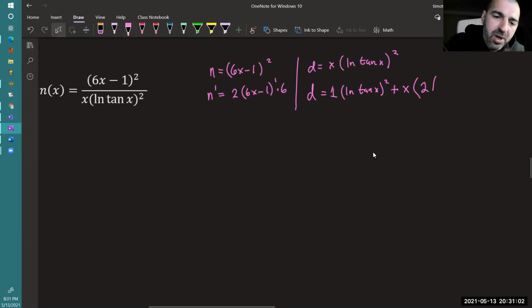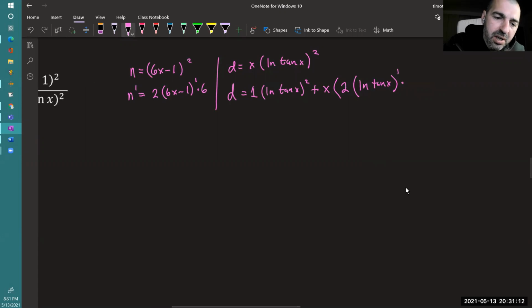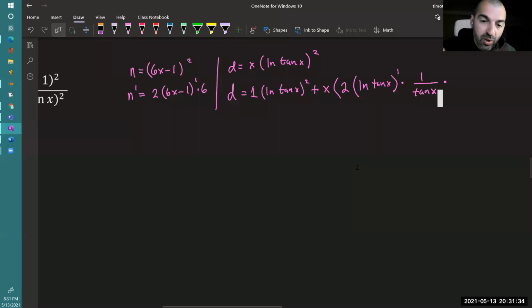Then I open up a parenthesis and I rewrite the natural log of tan x to the 1. And I didn't have to write that one. Now I multiply by, according to the chain rule, the stuff that's in there, but differentiated. So I need to multiply by the derivative of the natural log of tan x, which is 1 over tan x times the derivative of tan x, which is secant squared x.